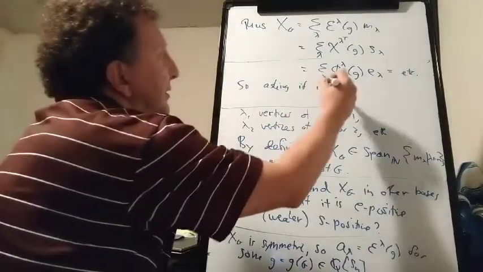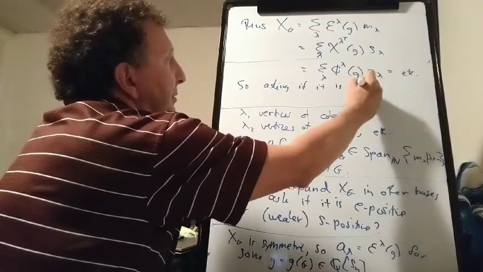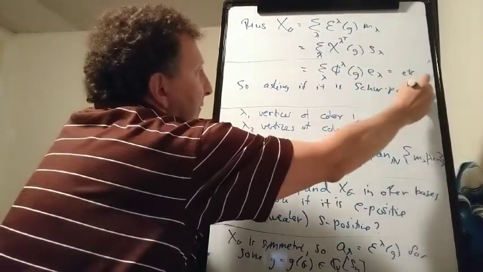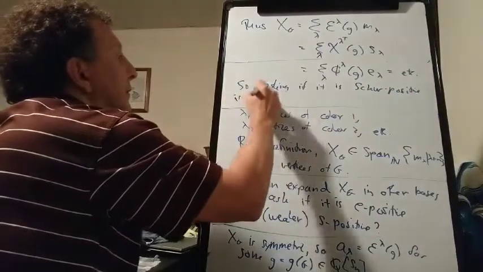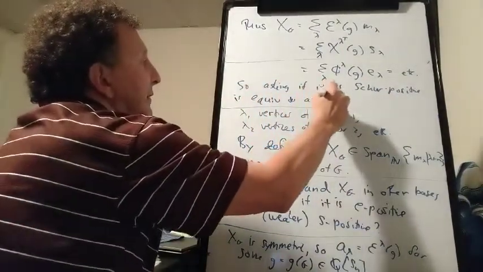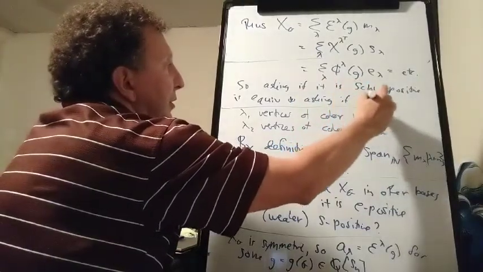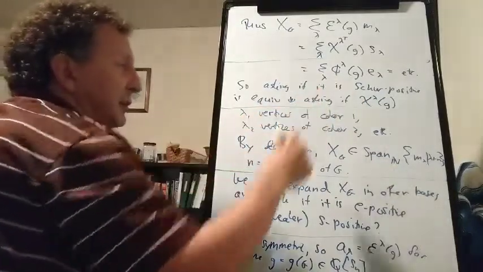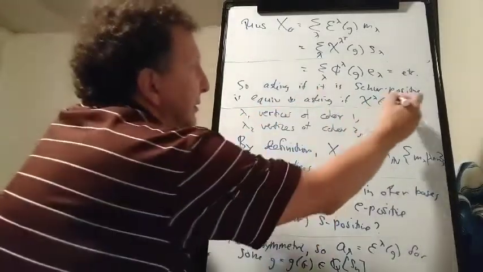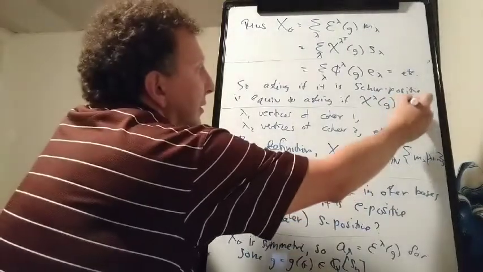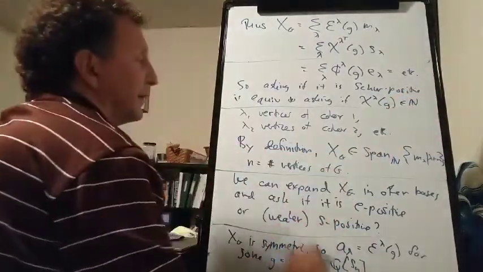So asking if it is Schur positive is equivalent to asking if all irreducible characters evaluated at this element g, whatever it is, are non-negative integers.